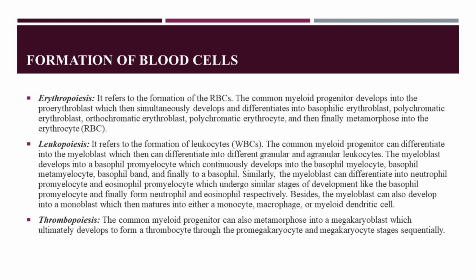Leukopoiesis. It refers to the formation of leukocytes, WBCs. The common myeloid progenitor can differentiate into the myeloblast, which then can differentiate into different granular and agranular leukocytes. The myeloblast develops into a basophil promyelocyte, which continuously develops into the basophil myelocyte, basophil metamyelocyte, basophil band, and finally to a basophil.